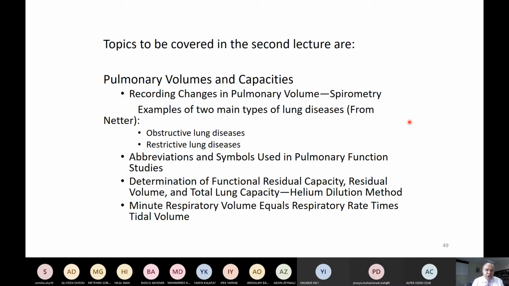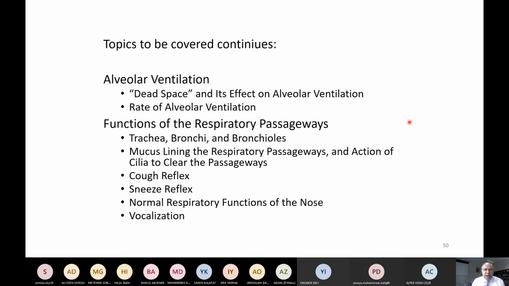And then we will learn how to calculate the minute respiratory volume. And then the dead space, we are going to learn what dead space is, and then how to calculate alveolar ventilation.